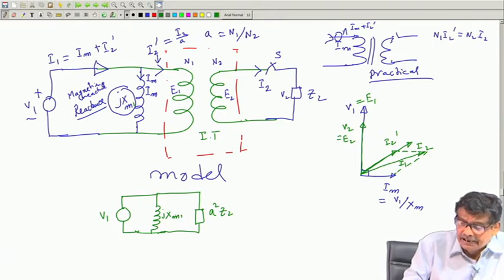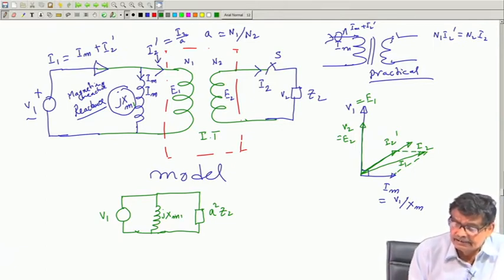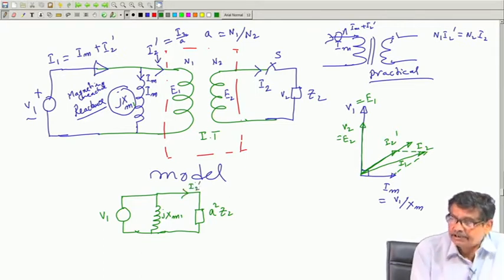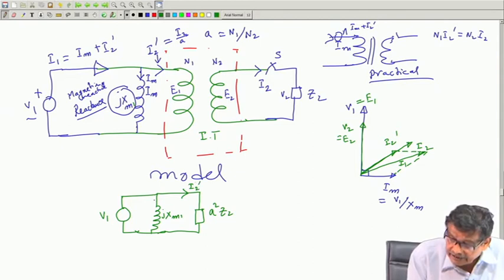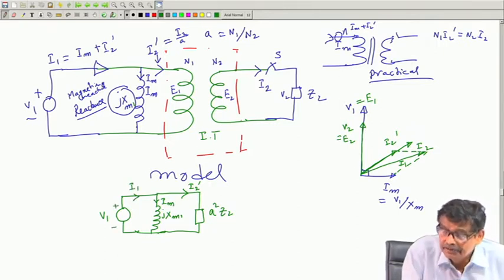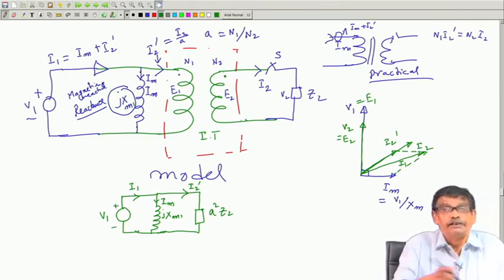So, whatever impedance, voltage are there, this current I will show as I 2 dashed, the reflected current, and this current I will show as magnetizing current, and this current is your I 1. Mind you, I am not drawing, but these are dots, that is very important.